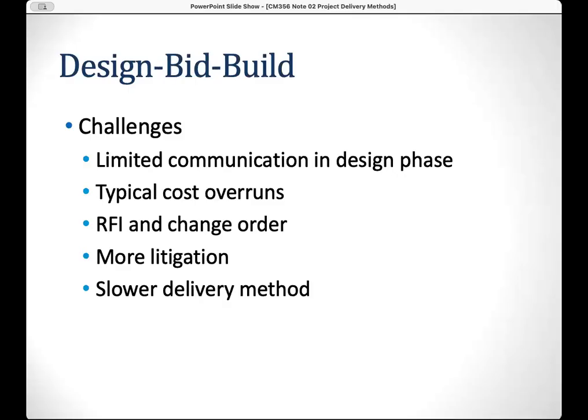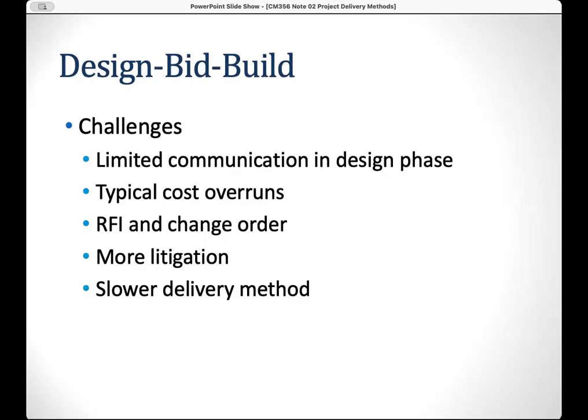Typically, the budget is overrun because you will have some design changes or change orders during the construction process, and that results in your original budget being exceeded, right?